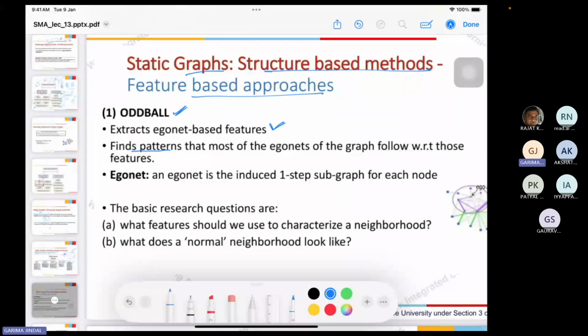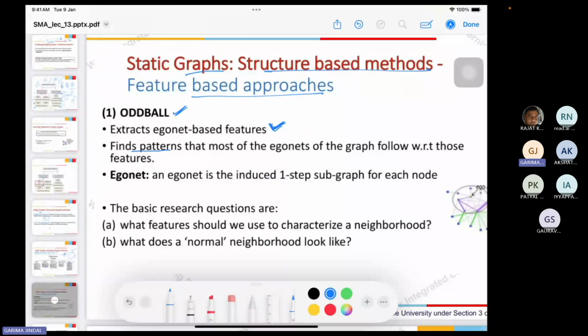In this algorithm, first we identify the ego nets. I have already given you the definition of ego nets, and given a node, you can identify its ego network. Once you have the ego network, you try to find the patterns. This algorithm has certain rules.